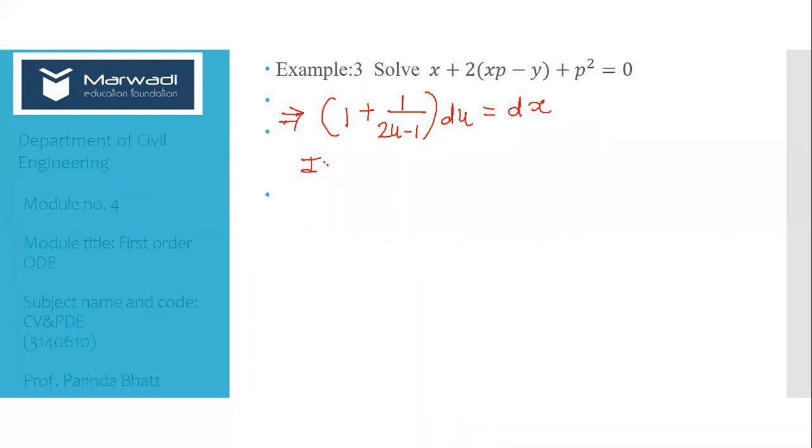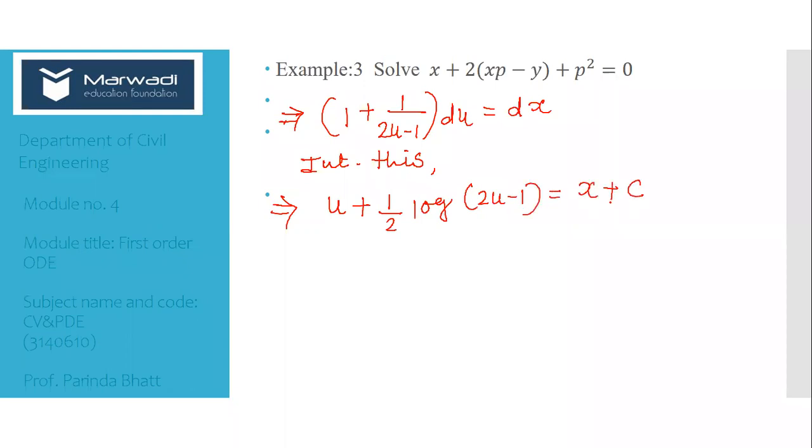Now, integrating this. Therefore, u plus 1 by 2 log 2u minus 1 equal to x plus c. Apply the value of u equal to x plus p.